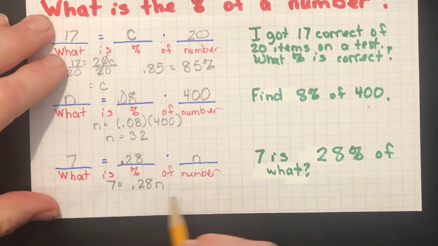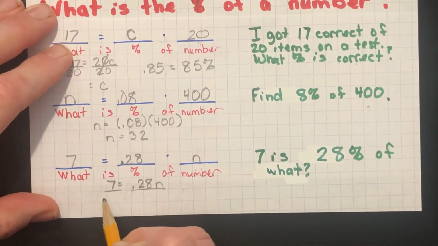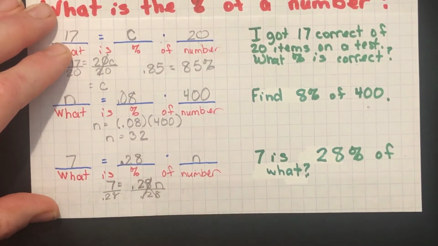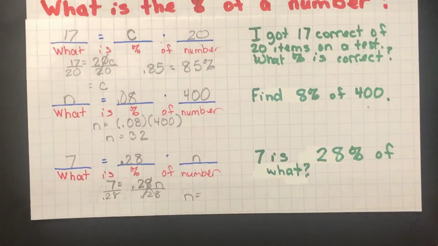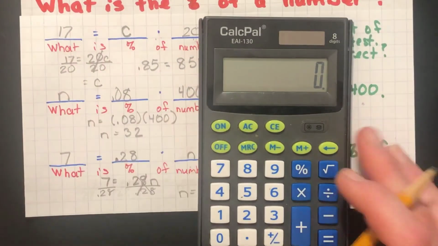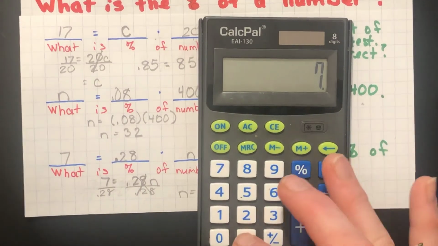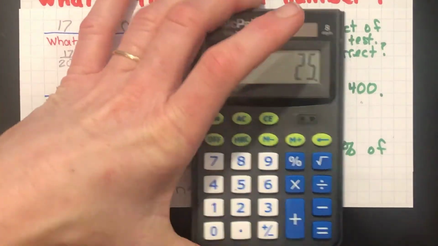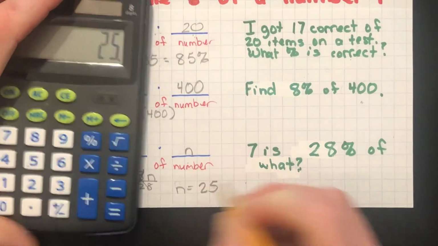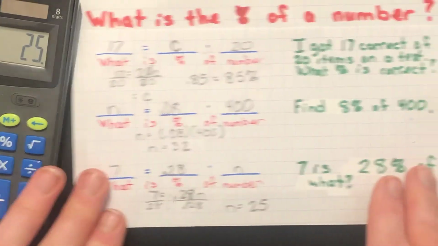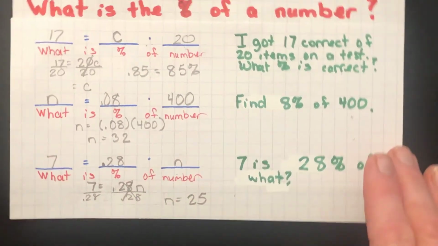Now to solve for n, I'll divide both sides by 0.28. That cancels out, and I'm left with n equals, we'll divide 7 divided by 0.28. 25. N equals 25. 7 is 28% of 25.